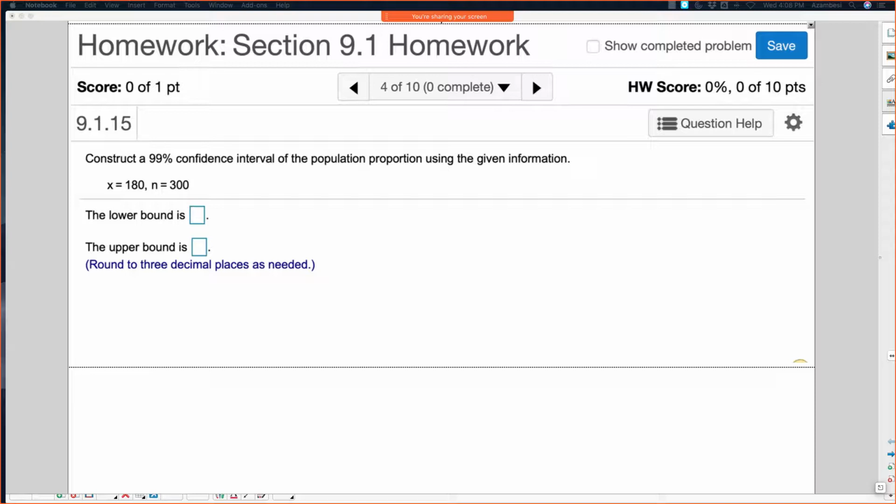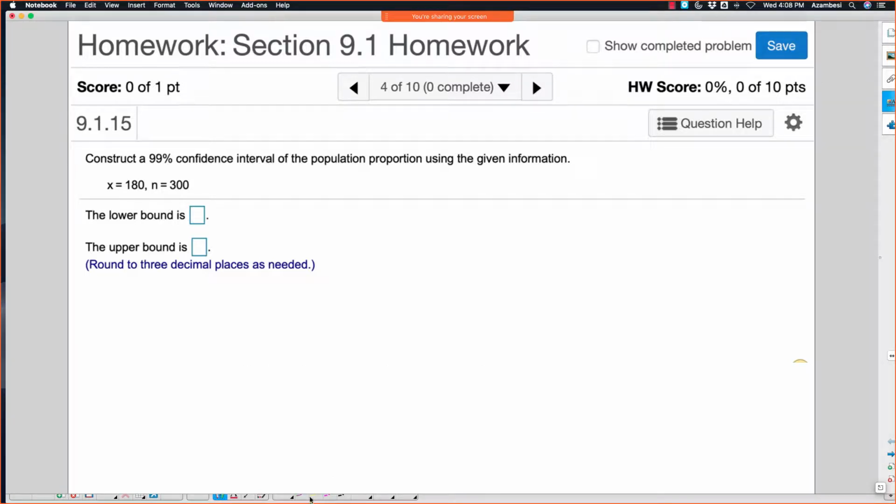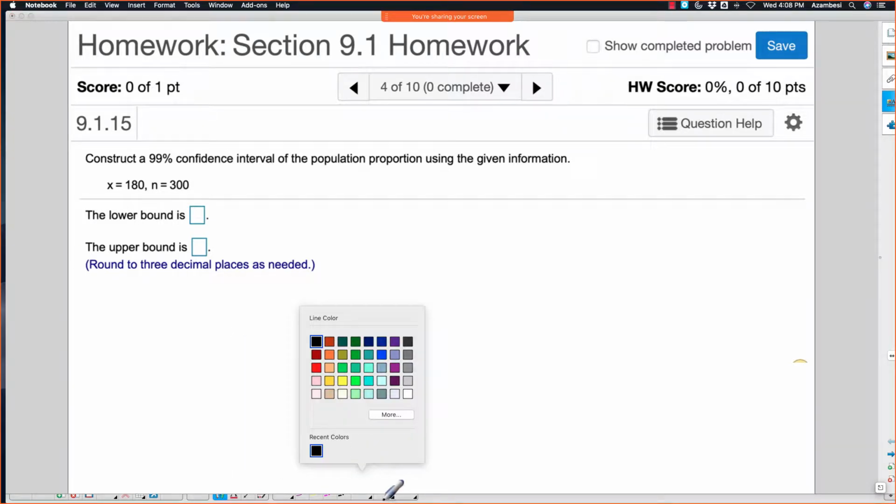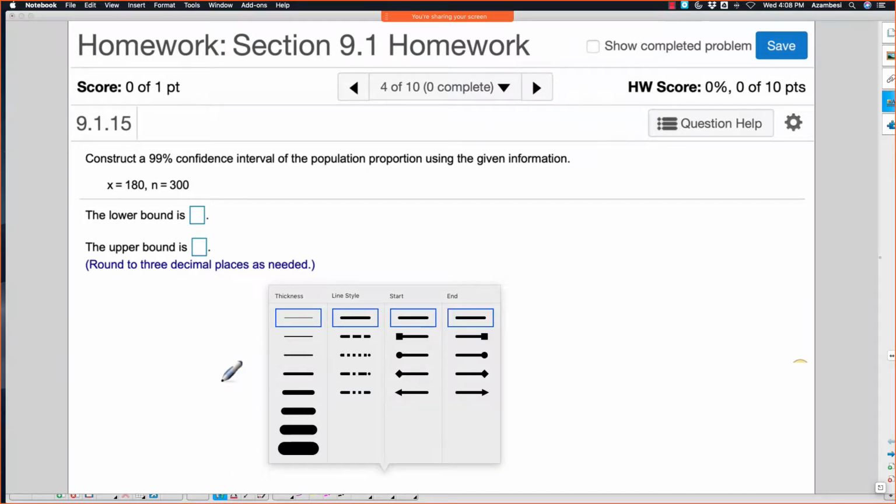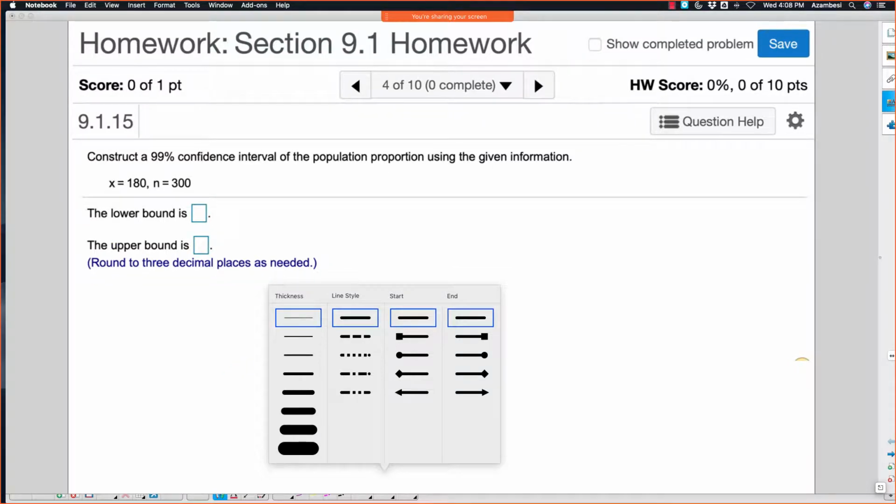So if you were working on your calculator and you're constructing just the confidence intervals, the things that you will need are all under your stat and then test button.